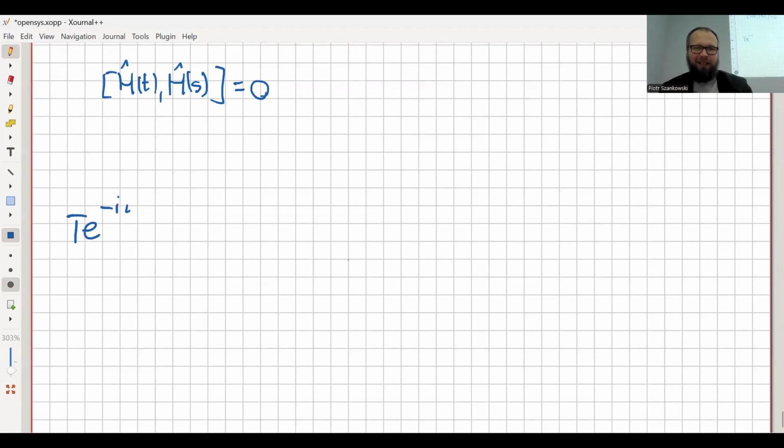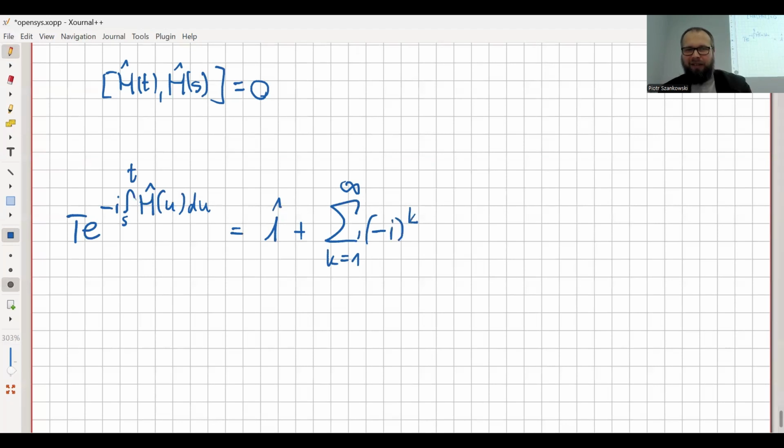So we have our e to the minus i integral from s to t of H(u) du. If it's no longer constant, we have our series representation, which is the thing that we can always rely on: the sum over k of time ordered integrals from s to t of du_k ... du_1, and we have our Hamiltonians H(u_k) ... H(u_1).